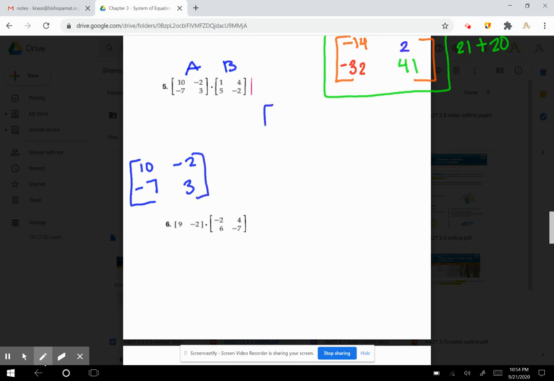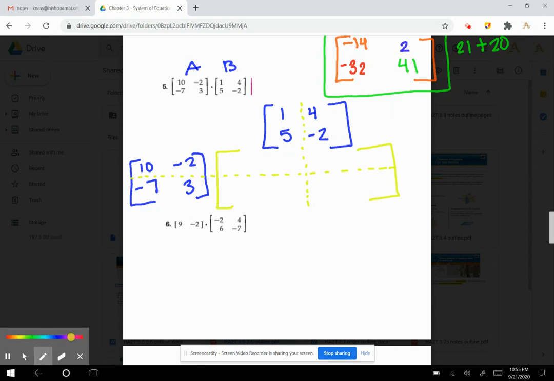I'm going to put B over here, 1, 5, 4, and -2. All right, I'm going to draw my dotted lines through the row and through the column, and it creates a nice matrix. Now my matrix is super extended out right now, but that's okay.